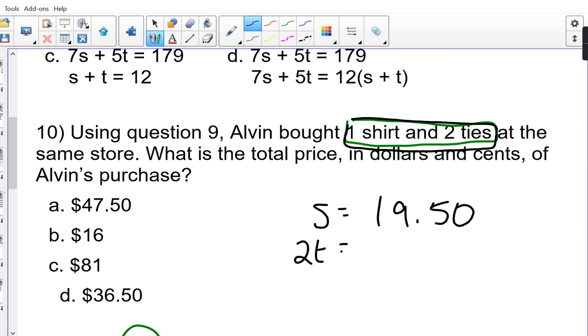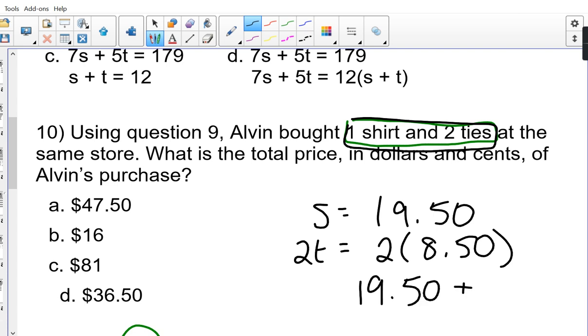Two ties, well, that's 2 times 8.50 because the tie is 8.50. So the cost of one shirt is 19.50. Cost of two ties is 17. And if you add those both together, we get 36.50. So it is choice D.